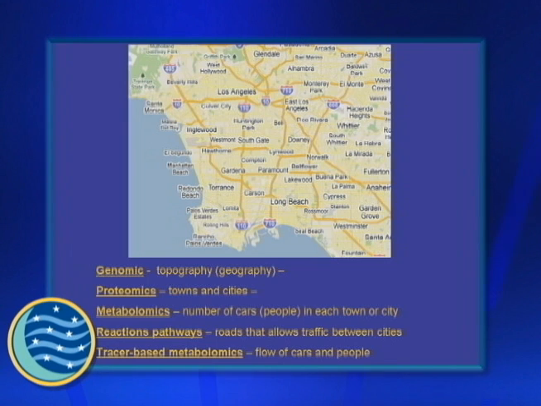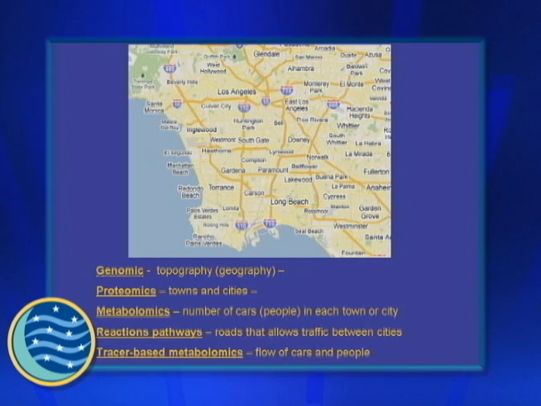So I use this map, as you see, that is a map of LA, to just give you an analogy of the different systems biology disciplines in terms of what you know in your daily life. If you look at genomics, it's pretty much like describing the topography and the geography of the land.